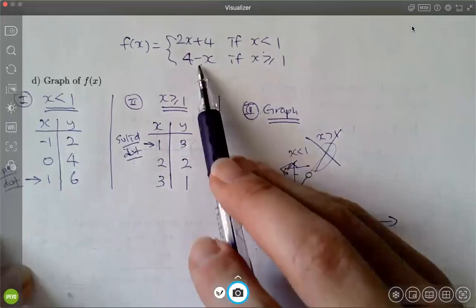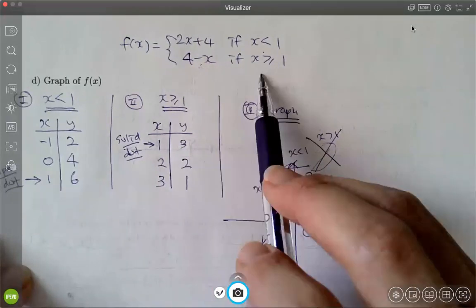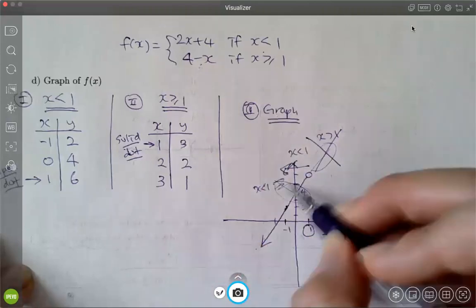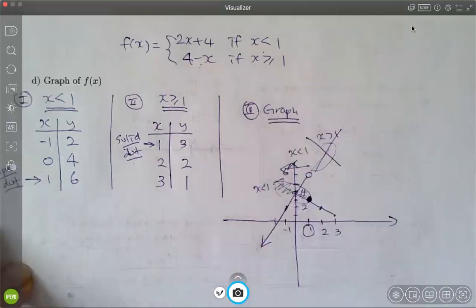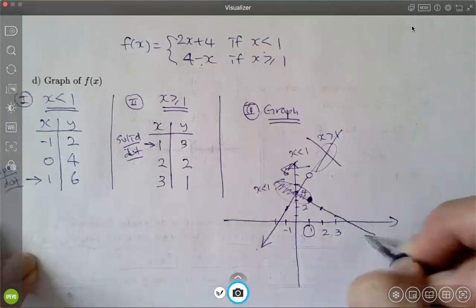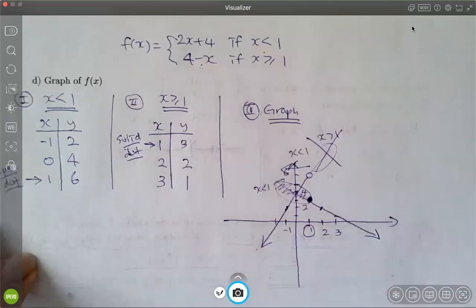Because for the 4 minus x, it's valid only when x is greater than or equal to 1, okay? So we don't ever extend our line, okay? And now what about beyond this point, 3, 1? We do, right? Okay, because this entire portion is for anything greater than or equal to 1.